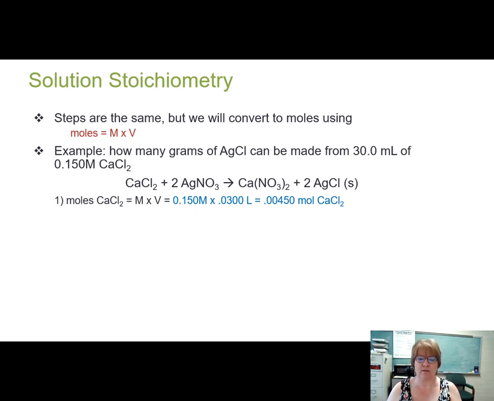So I'd start with the calcium chloride. It says 30 milliliters of 0.150 molarity. I know that the molarity times the volume, but the volume has to be in liters, will get me my number of moles. So 0.150 moles per liter times 0.0300 liters is going to get me 0.00450 moles of calcium chloride.